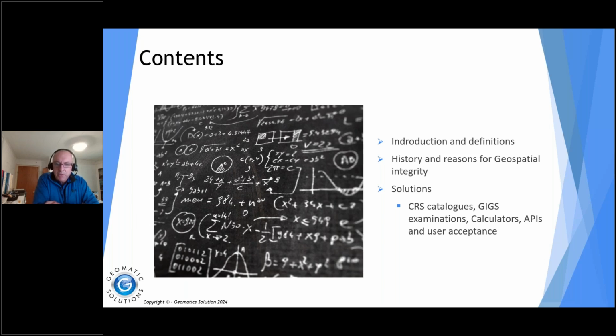I'm also going to talk about a number of solutions of how we can manage this geospatial integrity, mostly among all the applications that we use today. As you heard in the introduction, I work mostly in the oil and gas industry, so all of the applications that I am going to talk about generally are used in the oil and gas industry. A few of them you might use elsewhere, such as Blue Marble or the ESRI ArcGIS tools.